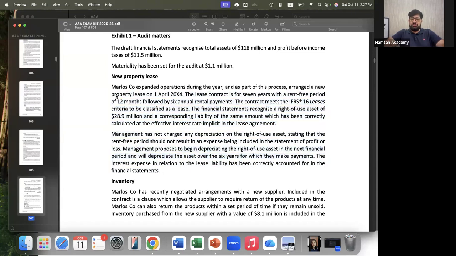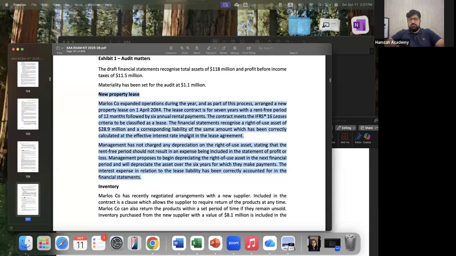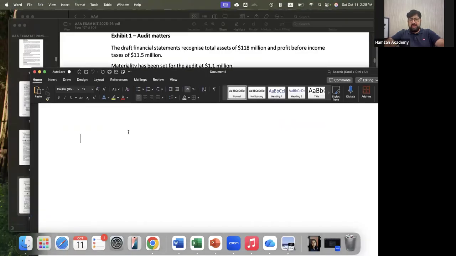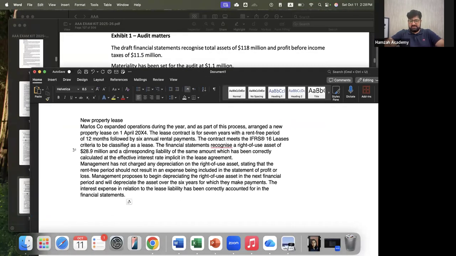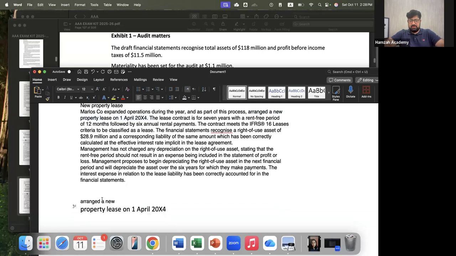Now, what we need to do, when I am reading it, is identify important facts from this case. The lease started on 1st April. Second fact, a 7-year lease with this detail.